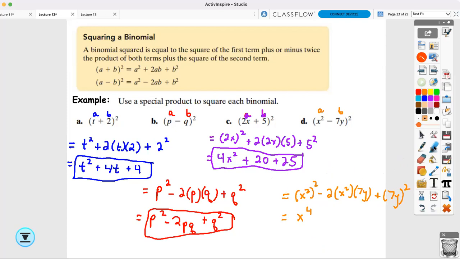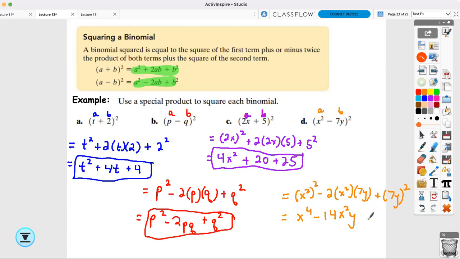So the first thing is x to the 4th power. Now, all we're doing, guys, is plugging it into these formulas right here. So this is A squared minus 2AB plus B squared. We're plugging it in using the A and B here. So for the middle term, negative 2 times x squared times 7y. Well, negative 2 times 7, that's negative 14. Bring down the x squared and the y.